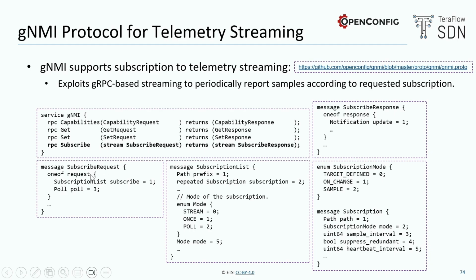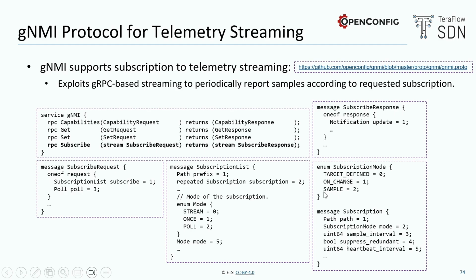The subscription request contains a list of subscriptions that we want to create, and for each of the subscriptions, you can define if you want it to work in streaming, once or polling mode, different operational modes. We are interested in streaming. And for the subscriptions, you can define which subscription type you want.